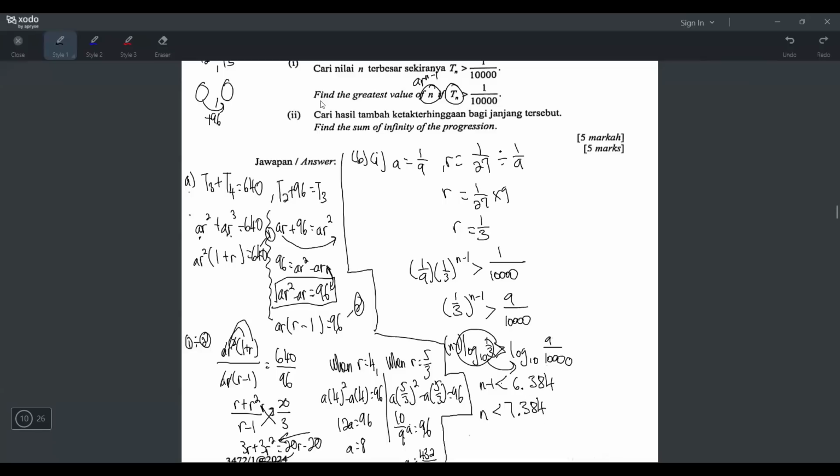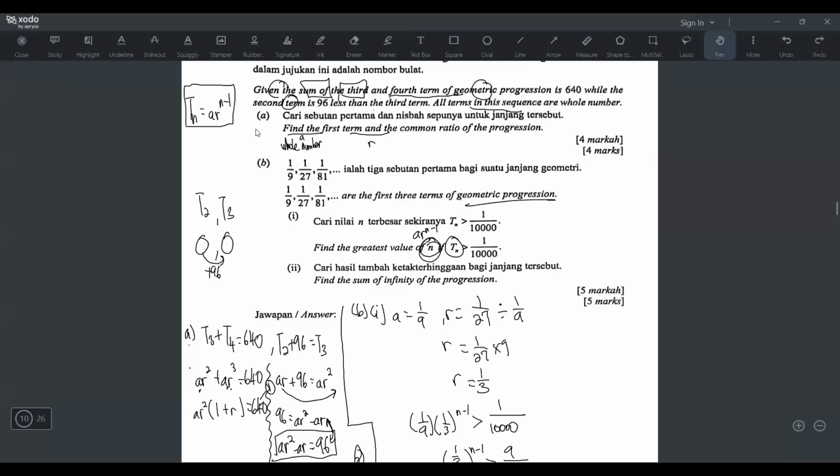But they want you to find the greatest value of n. Do you know the n has to be a whole number? Because n is the number of terms, right? For example, the first term, the second term, the third term. So n is 1, n is 2, n is 3. When has n ever been 2.5? There is no term 2.5.